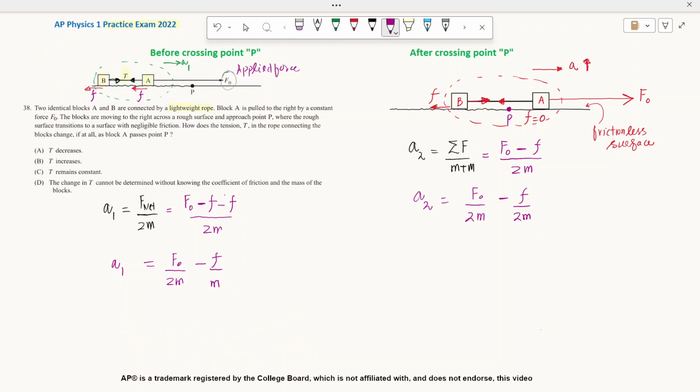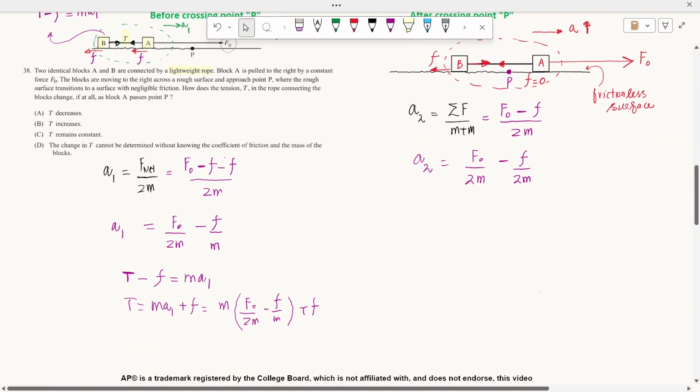So let us see what the value of the tension is. The tension T minus the frictional force, applying Newton's second law, is equal to m a1, right? So the tension T must equal m a1 plus the frictional force, and if I put in the value of the acceleration, it is F0 over 2m minus F over m, times m, plus F, right?